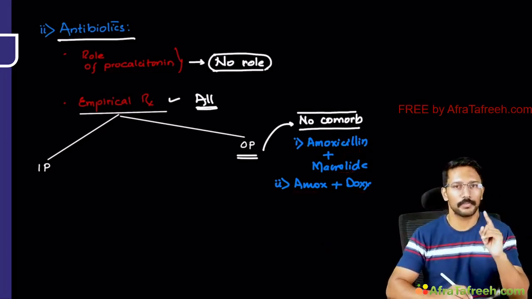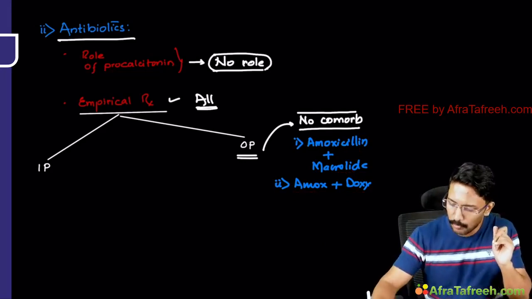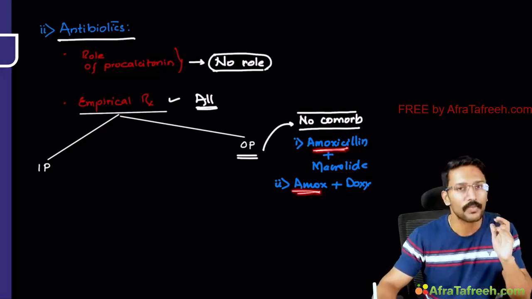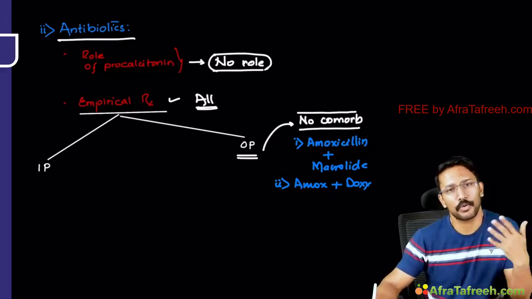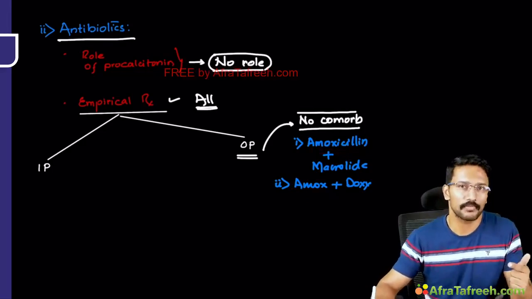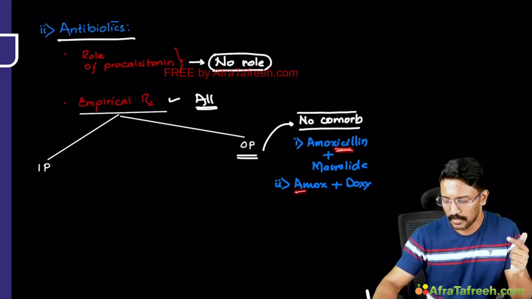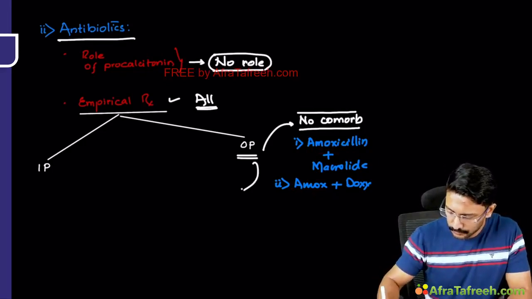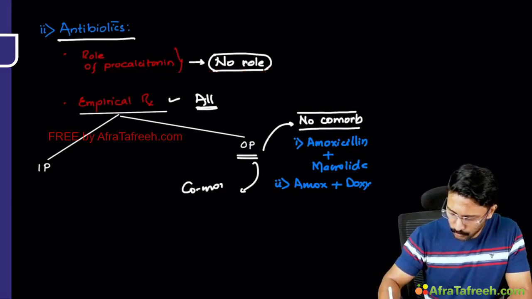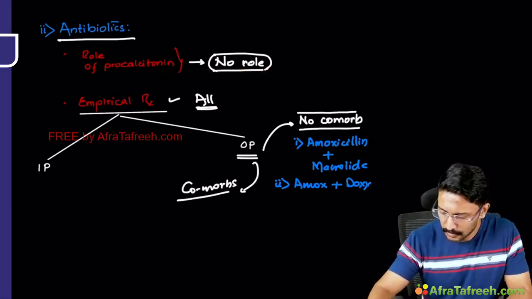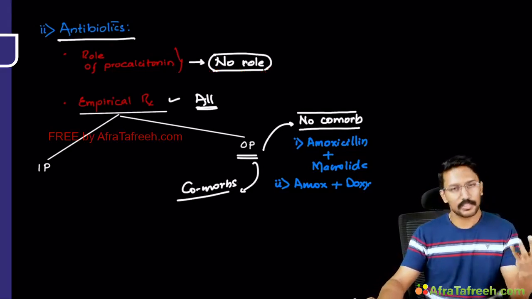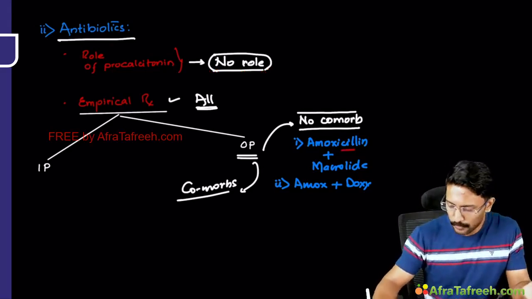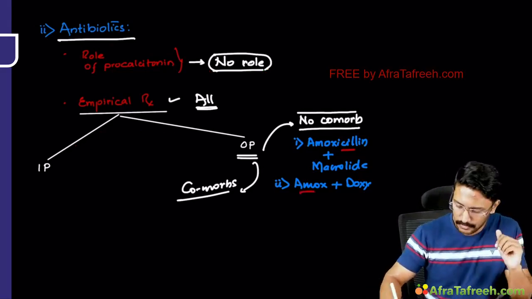Okay, and you have to remember here, the amoxicillin that we are using is without clavulanic acid, or if you're using ampicillin, without sulbactam, right? We are not using the beta-lactamase inhibitor in this combination. But if the patient has comorbidities, in such a circumstance, you are suggested to use a combination like amoxicillin with clavulanic acid.